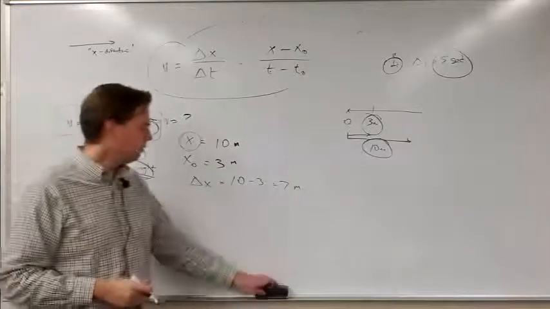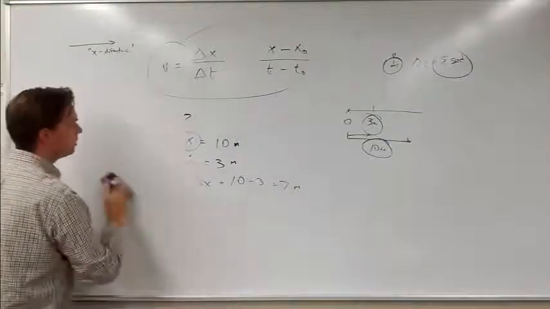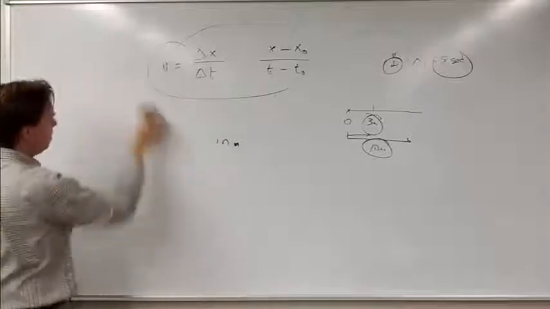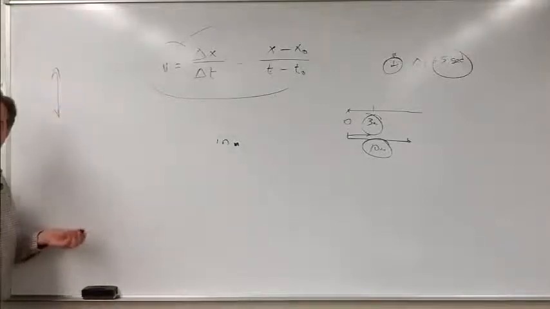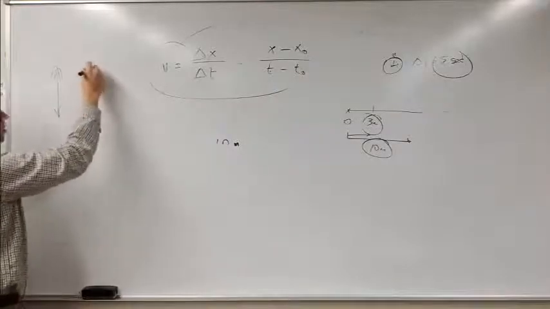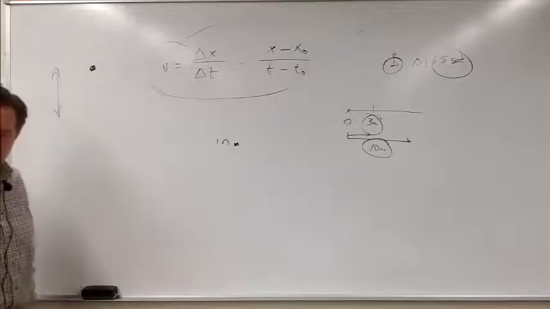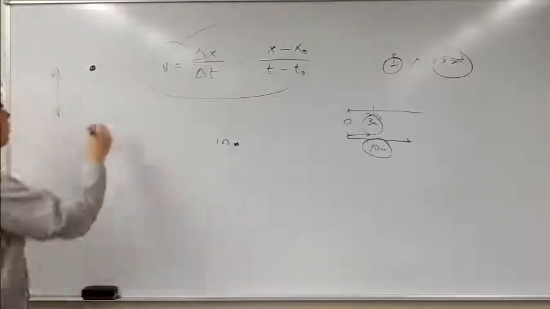A good example of when that happens is not so much this, but up and down. Right? Up and down, we can talk about the same kind of things. We can talk about a height, right? So if I've got a ball here, and let's say I'm holding the ball, well, my head's about 2 meters high, right?